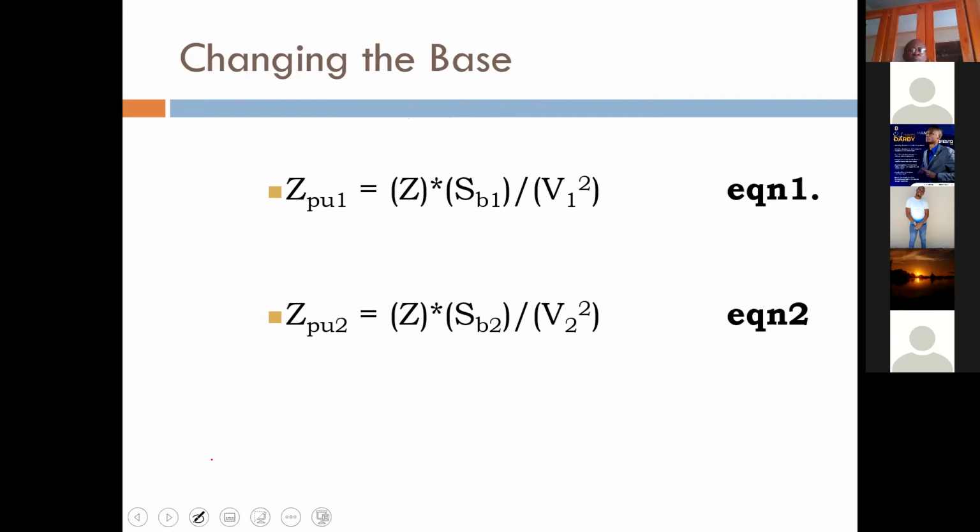So Z per unit 1, the per unit impedance 1, equals Z times S base over V1 squared, which is going to be the same as Z over Z base. All right, but we're using multiply, so multiply by the reciprocal. And Z per unit 2.